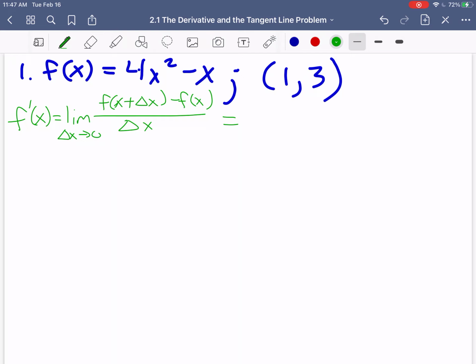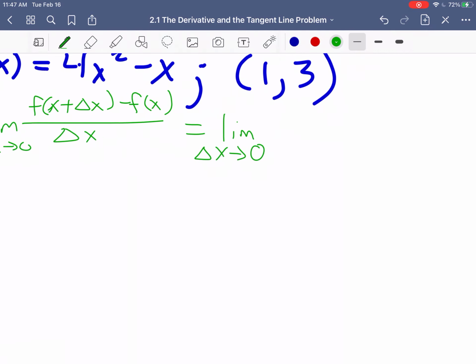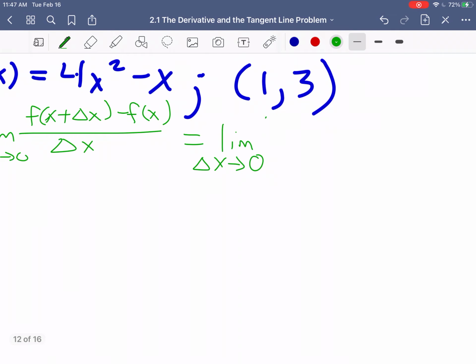And so when we do this, we have our limit as delta x approaches 0 of, we're going to plug x plus delta x in place of x, so 4 times x plus delta x squared, minus x plus delta x.